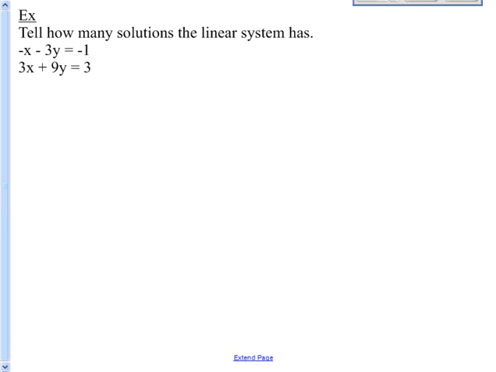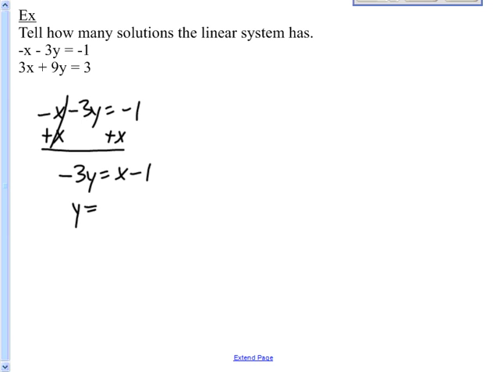How many solutions does this one have? So we got this negative x minus 3y equals negative 1. We're going to solve that for y. Negative 3y. Divide by the negative 3 here.